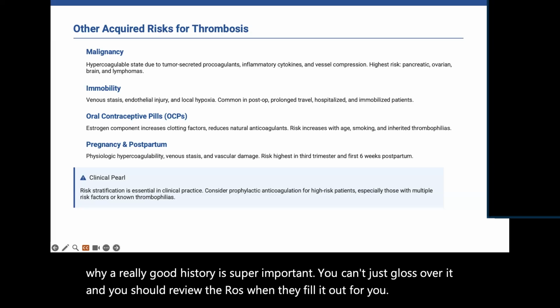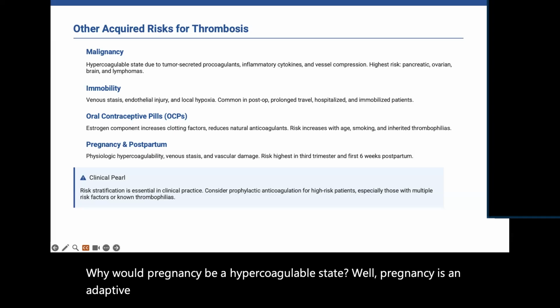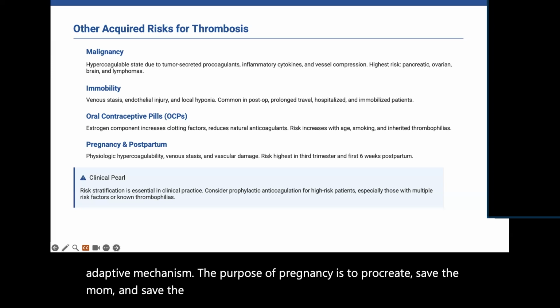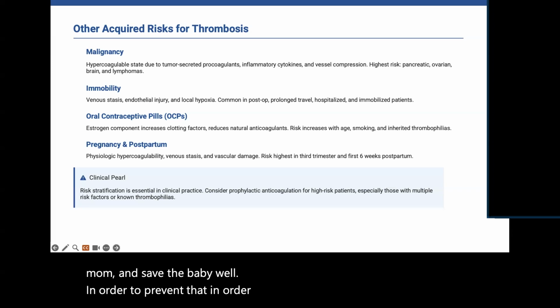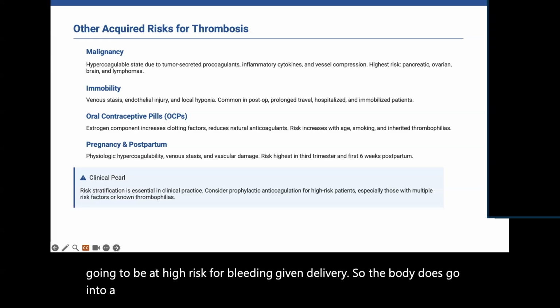Why would pregnancy be a hypercoagulable state? Well, pregnancy is an adaptive mechanism. The purpose of pregnancy is to procreate, save the mom, and save the baby. Well, in order to maintain that, the body knows it's going to be at high risk for bleeding given delivery, so the body does go into a hypercoagulable state.